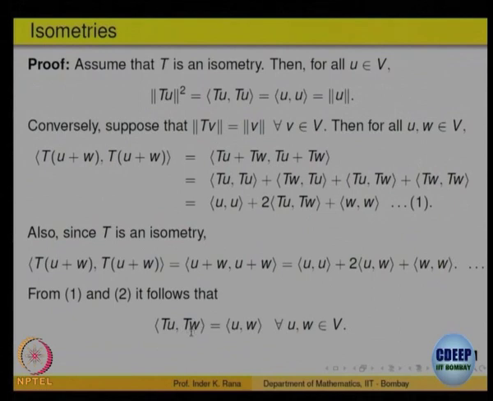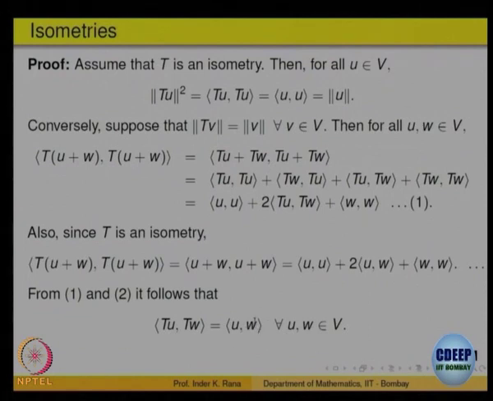What we are assuming is that T preserves the notion of distance, so the norm of Tv squared is the same as the norm of v squared. So this is the norm of u squared, this is the norm of w squared. Once you expand that, it is simple. I think there is some mistake in this proof which I have written. Try to prove it yourself.